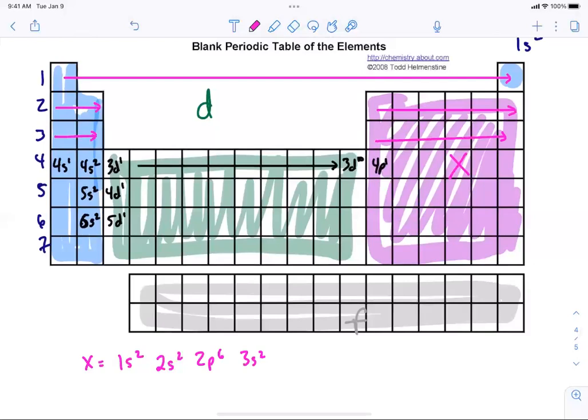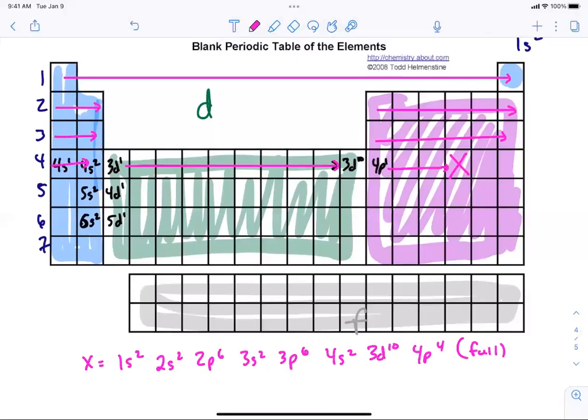And so you keep going to the end of every section until you get to the element in question. So here, which is 4p4. So this would be considered the full electron configuration of that element, okay?